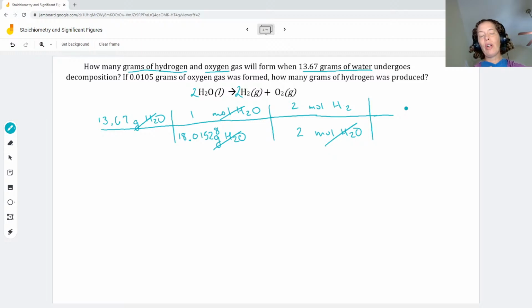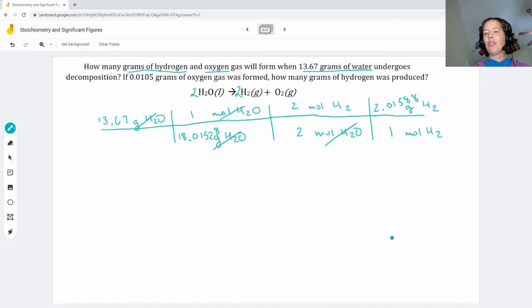We need 1 more conversion factor, and this time we're going to convert from moles of hydrogen to grams of hydrogen. So putting in units first, I want my moles of hydrogen to cancel, and I want to be left with grams of hydrogen. So of course that is always 1 when we're talking about a molar mass. And for your molar mass of hydrogen, with plenty of sig figs, I'm not just going to put 2.